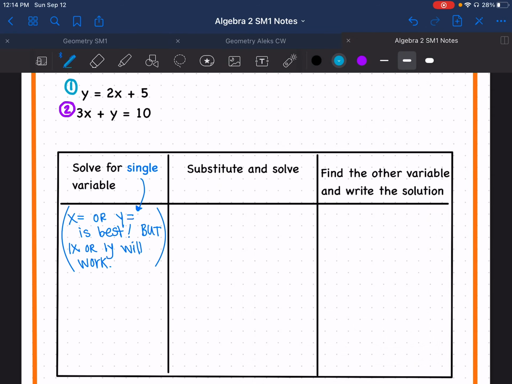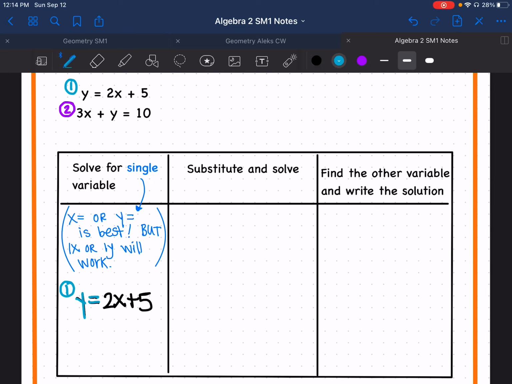Let me take a look right here in equation number 1. In equation number 1, I see y equals, and then I see 2x plus 5. So for this one, equation number 1, which says y equals 2x plus 5, is going to be my single variable.